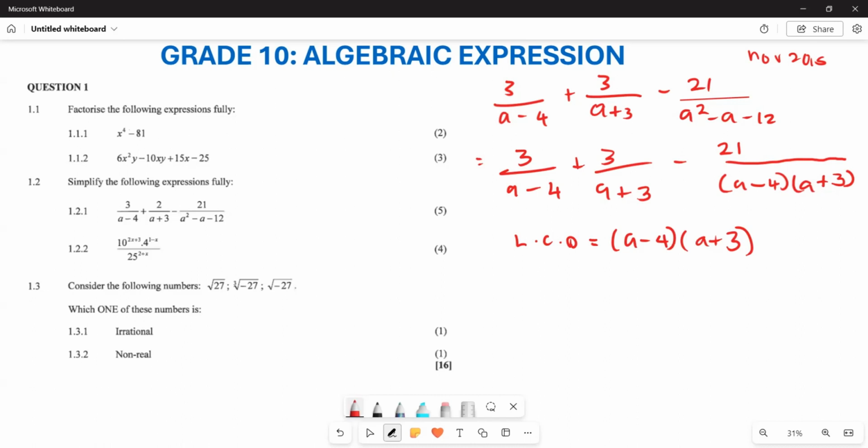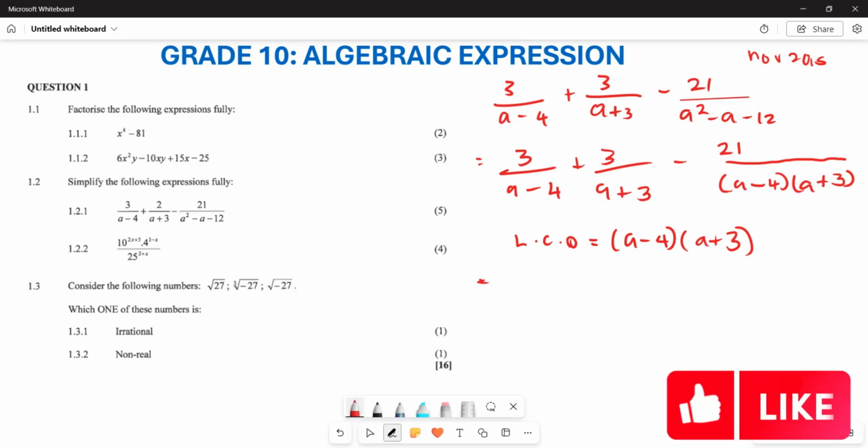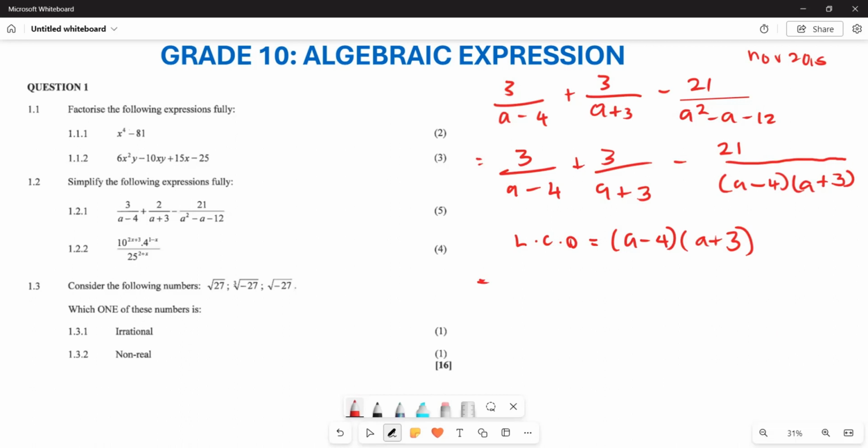So what does this mean? We are saying you are going to multiply the fraction that doesn't have the denominator of x subtract 4 and x plus 3, so that everything here can have the same denominator, right? Now in the first one, you have 3 over a subtract 4. Your a subtract 4 is going to cancel with the a subtract 4, which means you are going to multiply by a plus 3.